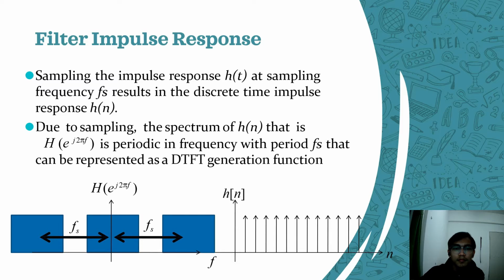Sampling the impulse response h(t) at the sampling frequency Fs results in the discrete-time impulse response h(n). Due to the sampling, the spectrum of h(n), that is H(e^(j2πf)), is periodic in frequency with period Fs, that can be represented as a DTFT generation function.